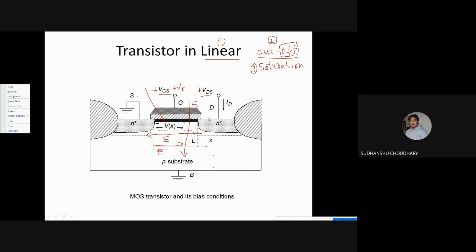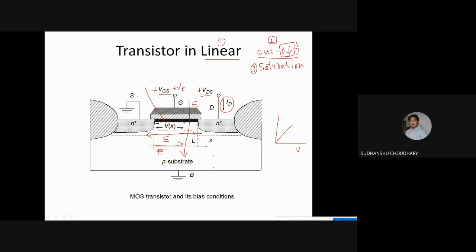Now, in the linear region of operation, the drain to source current increases linearly with the applied VDS.